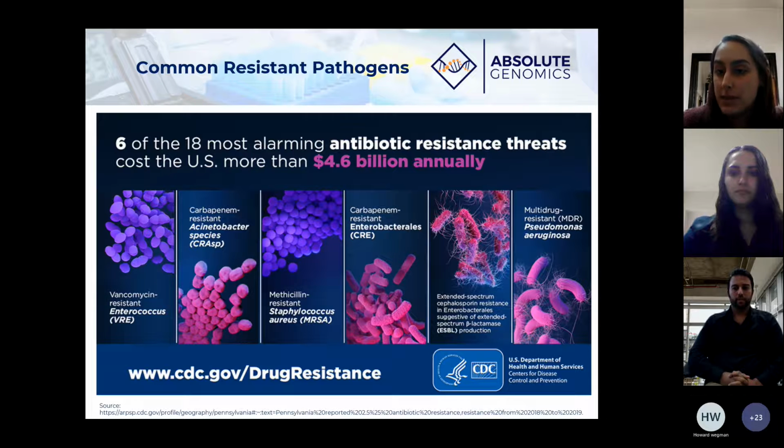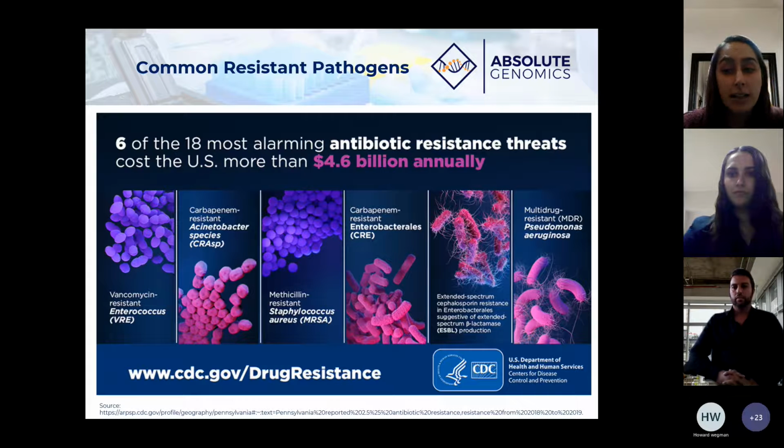Staph aureus is often resistant to methicillin, but it also has resistance to vancomycin and other beta-lactam medicines such as penicillin and amoxicillin. Enterococcus faecalis is a pathogen that causes urinary tract infections, wound infections, and in some cases, vaginal infections, and can become resistant to vancomycin.